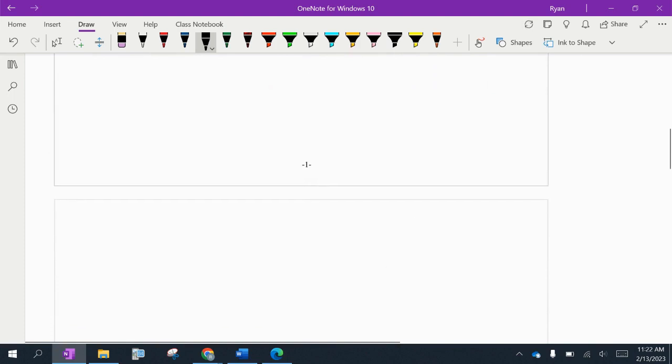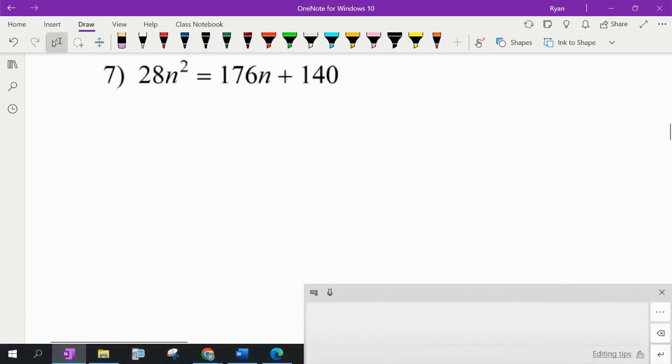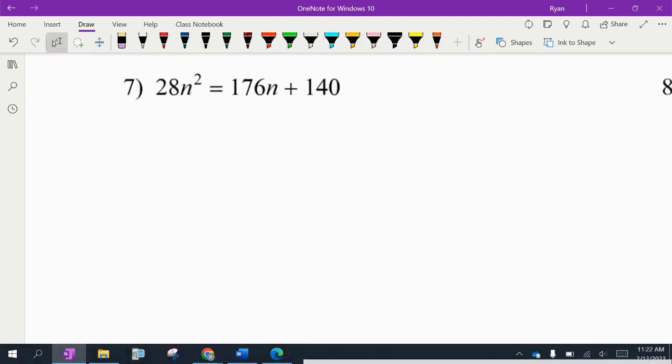Let me scroll down a little bit and look at this problem number 7, which has some huge numbers on it. And hopefully we can simplify this down. To begin with, we need this to be equal to 0. So we have to do a little bit of the work to get it equal to 0.